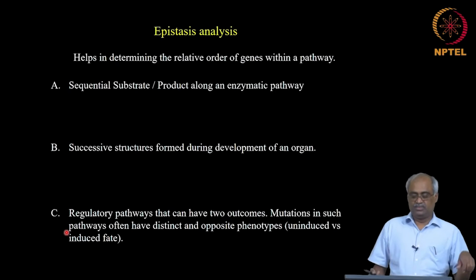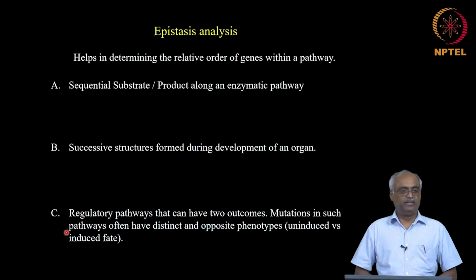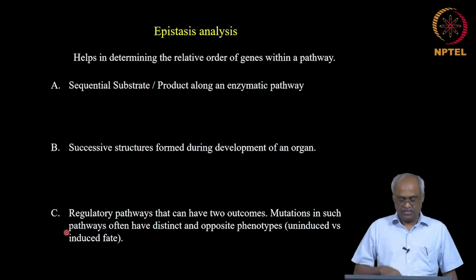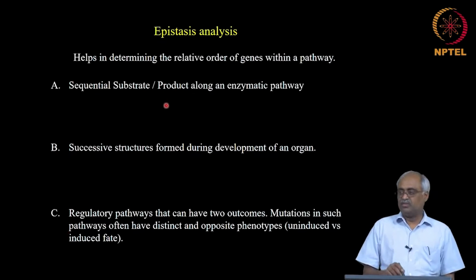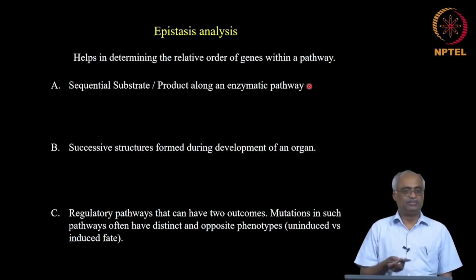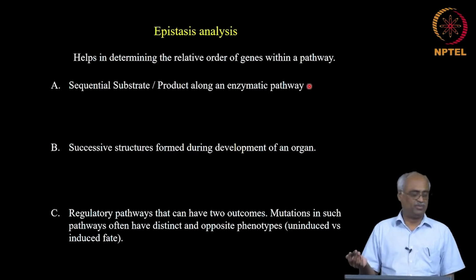Okay. So epistasis basically helps us to find the sequence of gene function if multiple genes are involved in a pathway, right. So what kind of pathways exist? The most well known one would be an enzymatic pathway in a biochemical series, like glucose to glucose 6-phosphate and so on to pyruvate in glycolysis, almost all of you know, I guess, right.